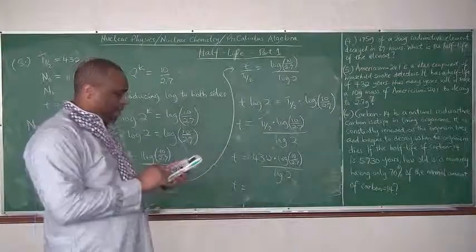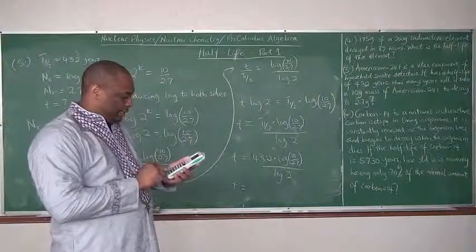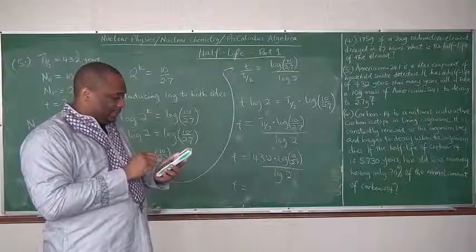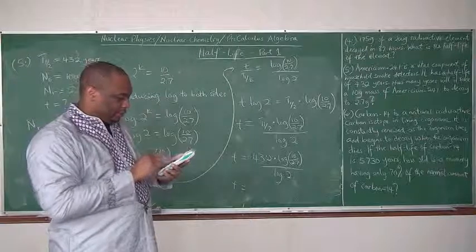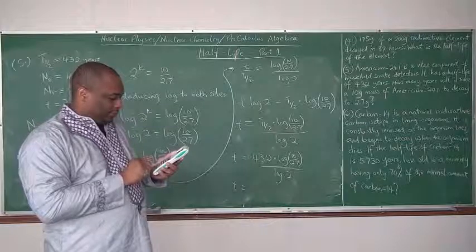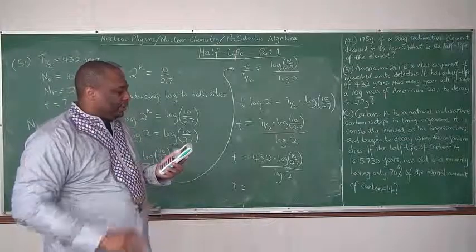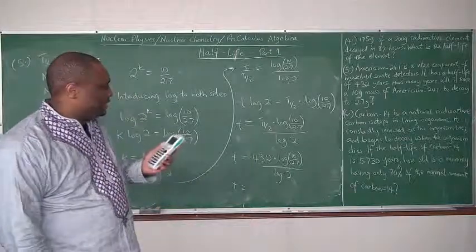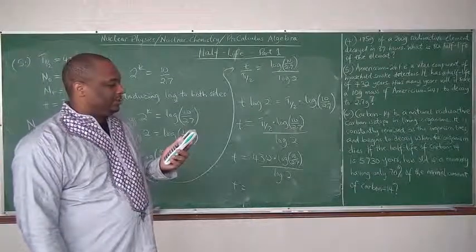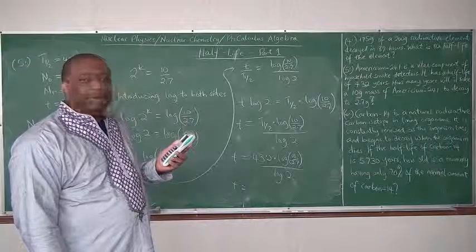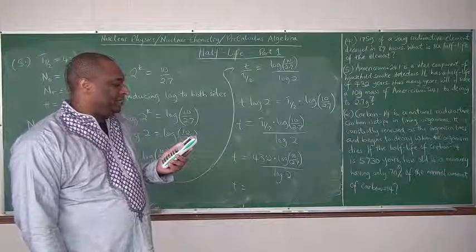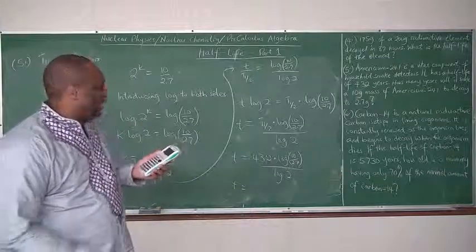I will first do 10 divided by 2.7, then I do the log of the answer, then times 432. The log of the answer gives me 0.5686362358, and when I multiply by 432, I have 245.6508539.